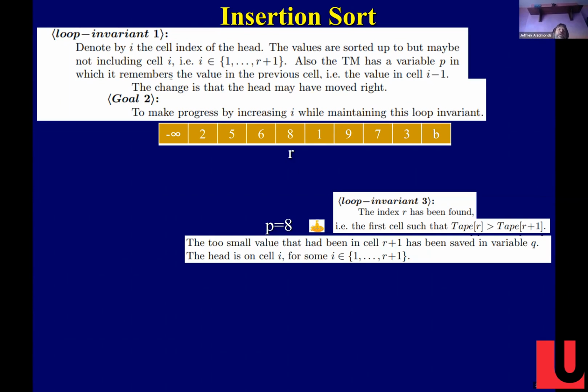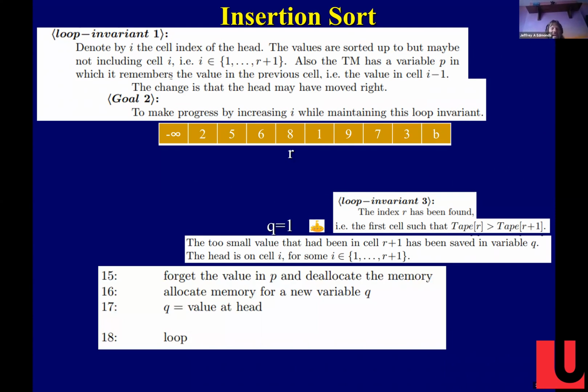What we have to do is remember this value that's too small. Why do we remember it's too small? Because we're going to put it where it belongs. So we forget the previous value and remember the small value. All right, so that's our code there.